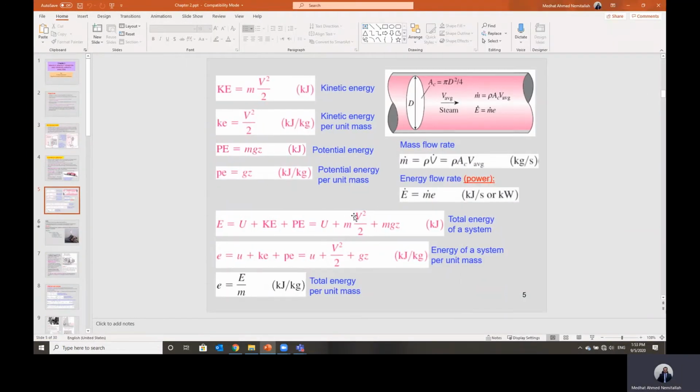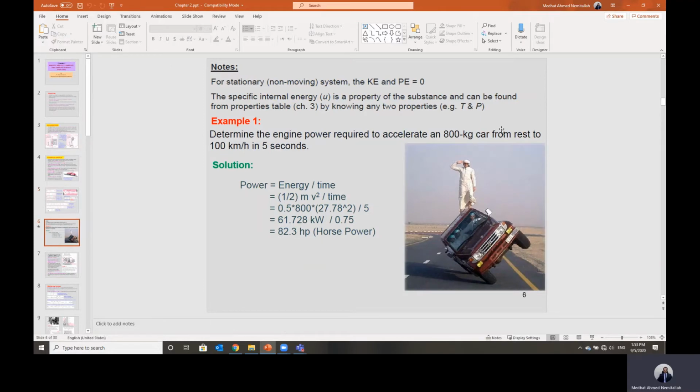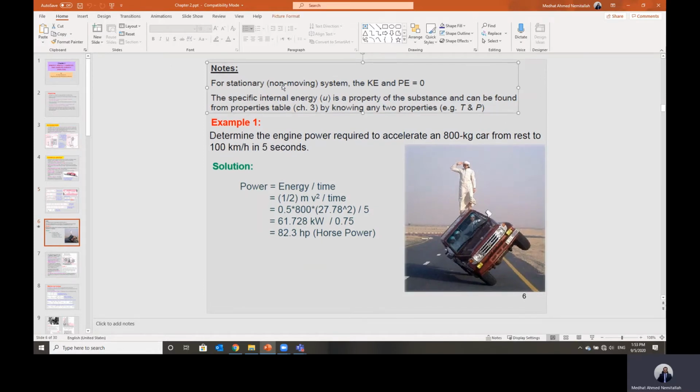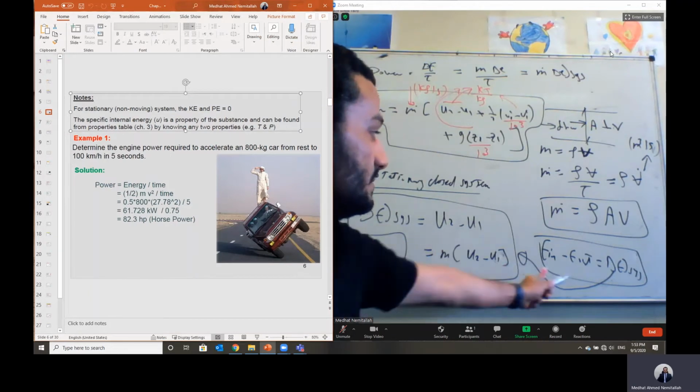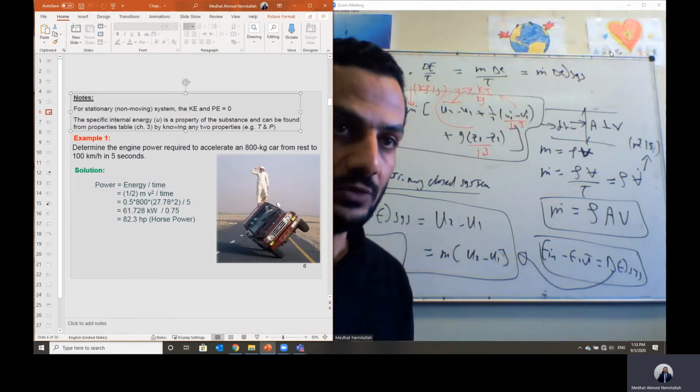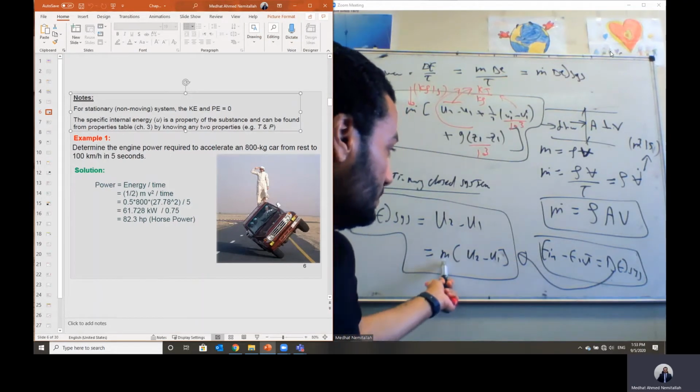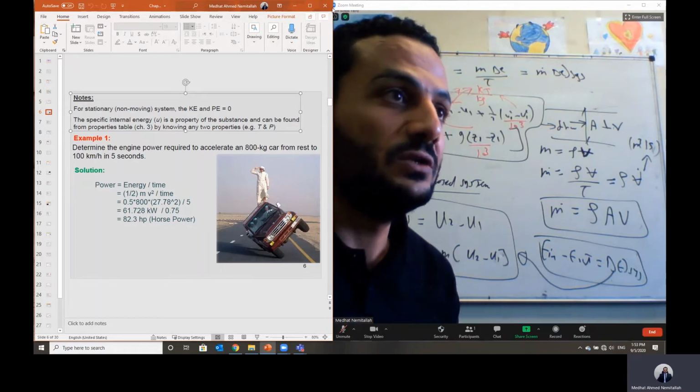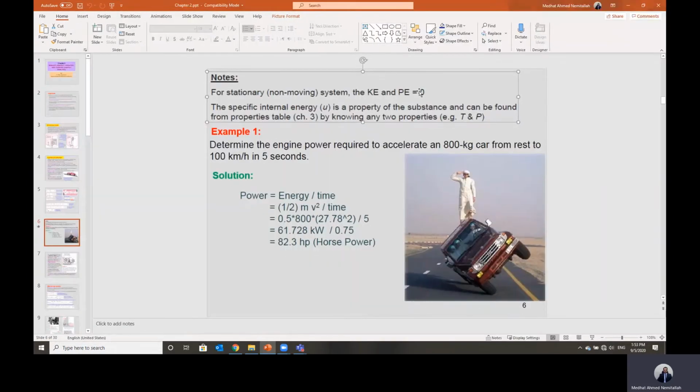This is what we defined on the board: the total energy of the system and the energy by mass, from which we can calculate the change of energy of the system. For a stationary closed system, the kinetic and potential energy will be 0, and in this case delta U of the system in the first law equation is substituted by mass multiplied by the change of internal energy.